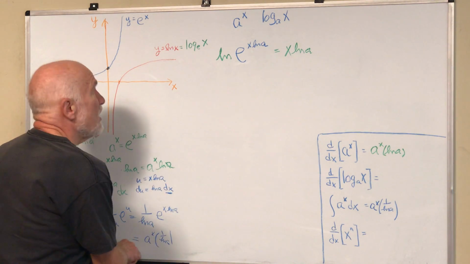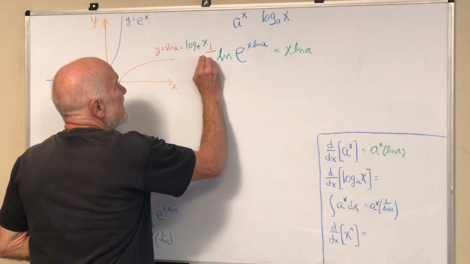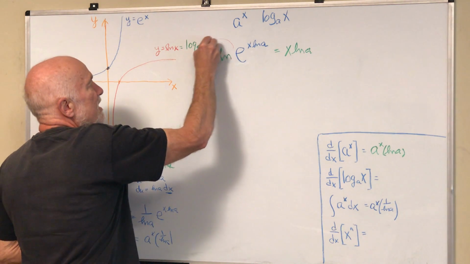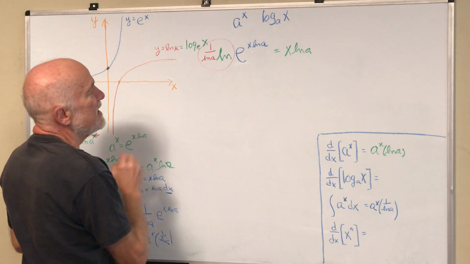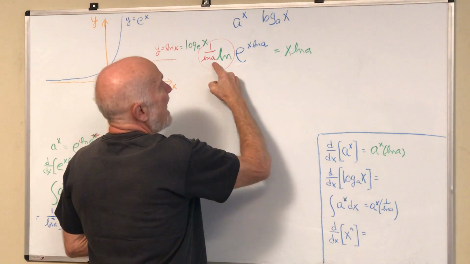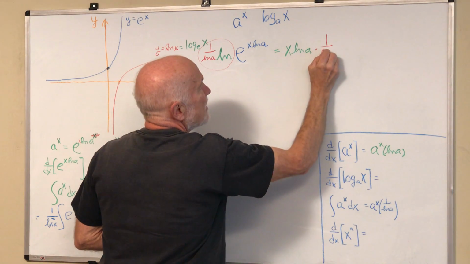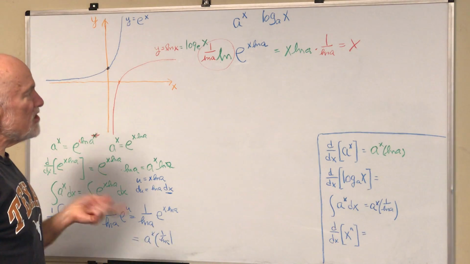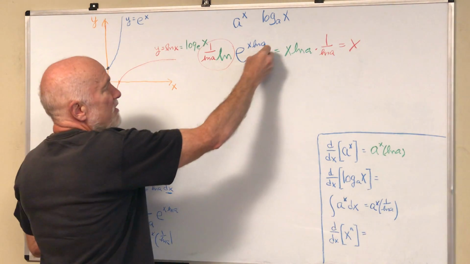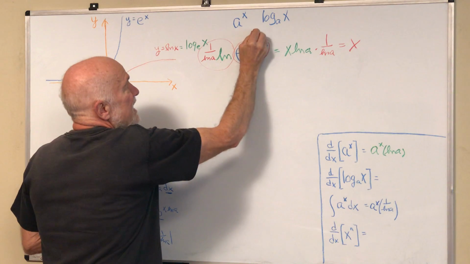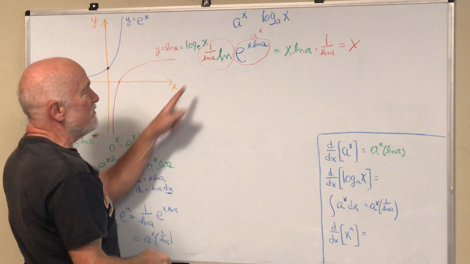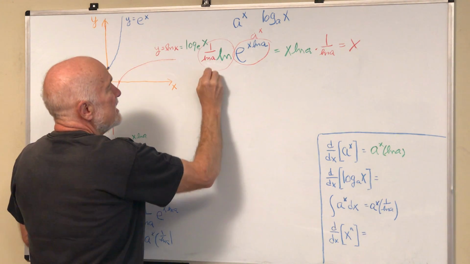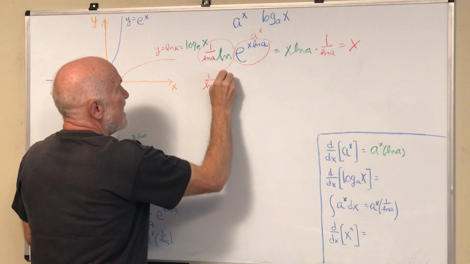But if I were to take a 1 over the natural log of a and put it out in front of here, so if I consider this the function, then I would have this times 1 over the natural log of a, and I'd get right back to x. So it looks like the inverse of this, which is really a to the x, the inverse function is this function, 1 over the natural log of a times the natural log.